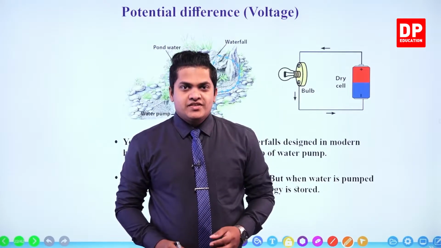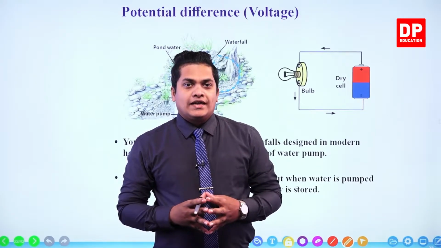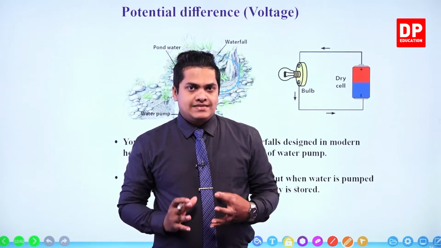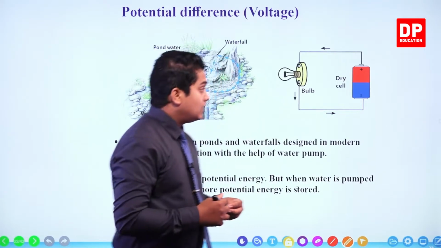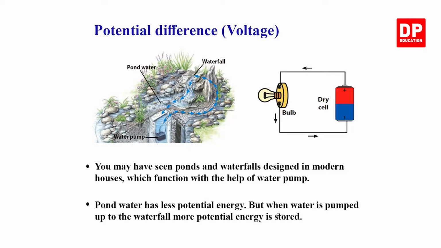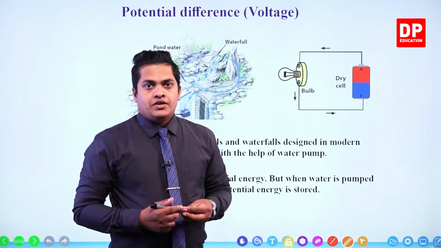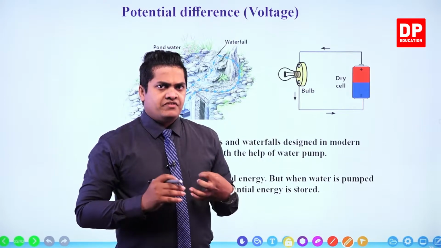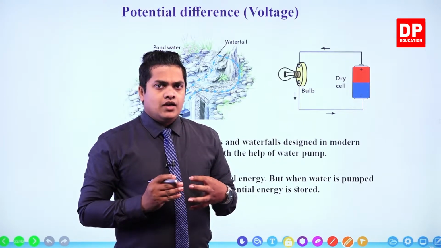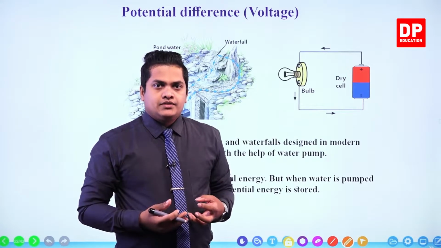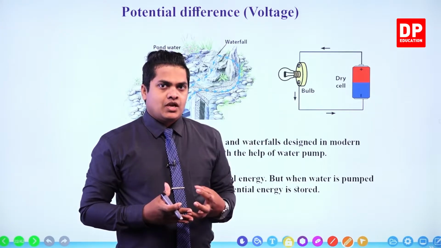Hello, my dear students. In this chapter, we'll be discussing the potential difference, or the voltage, in a dry cell or any source of electricity. In the earlier chapters, we discussed electric current and how to measure it.